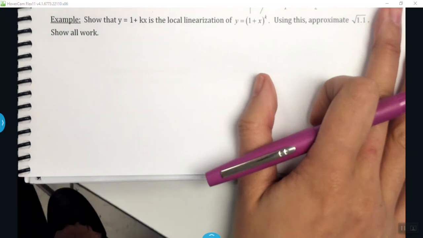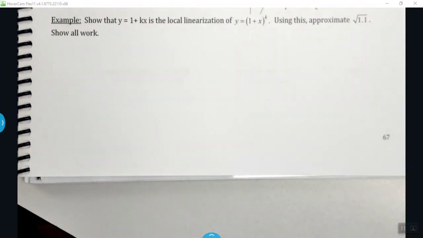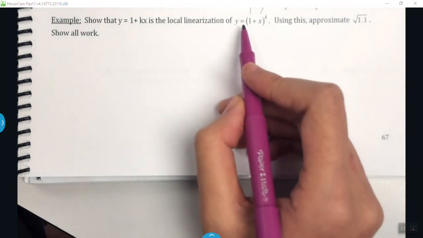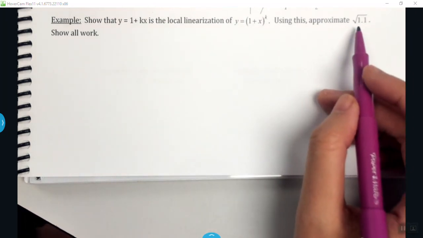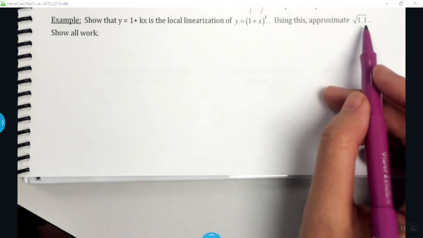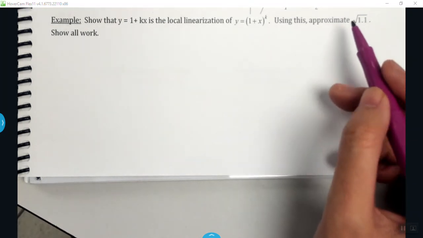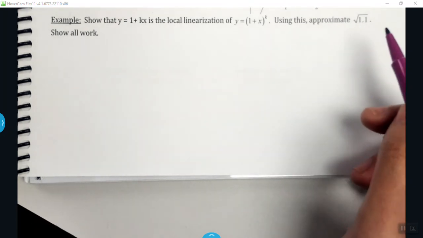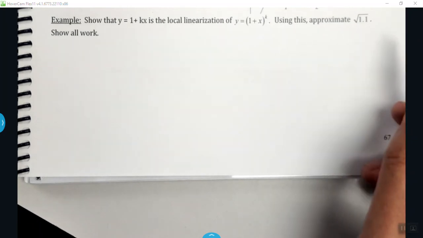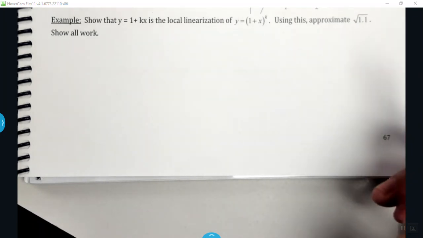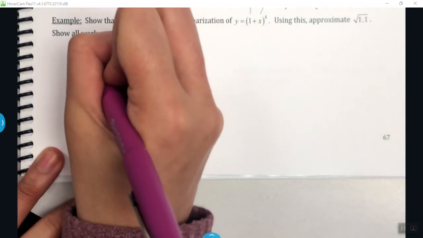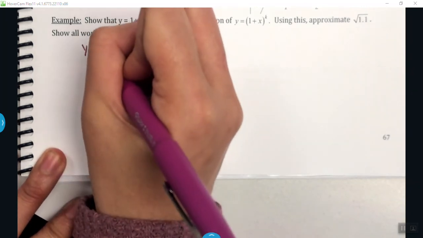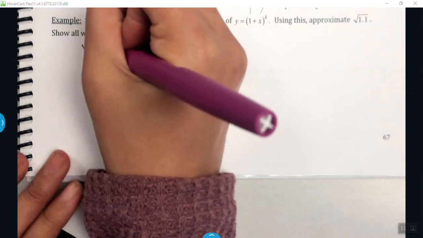Okay. And last problem. Show that y equals 1 plus kx is the local linearization of y equals 1 plus x to the k. Using this, approximate root 1.1. y equals maybe L of x, if you want to.